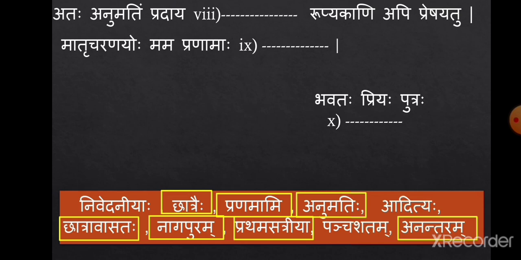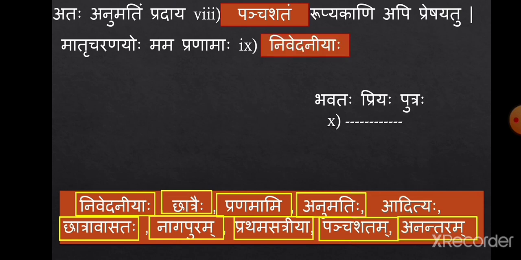The missing word is 500, and that is panchashatam. Matrucharanayoho mama pranamaha dash. Convey my regards to mother. The word for convey is nivedaniyaha. So the answer to the 9th blank is nivedaniyaha.